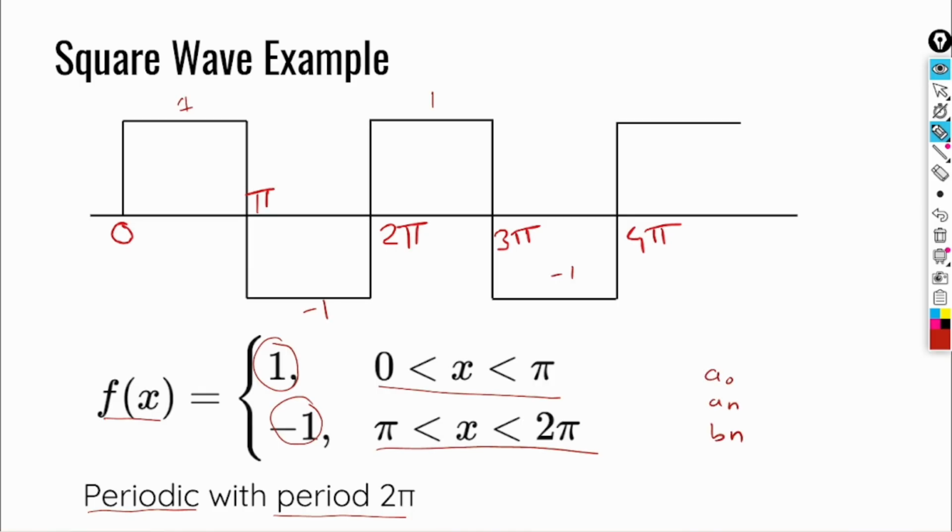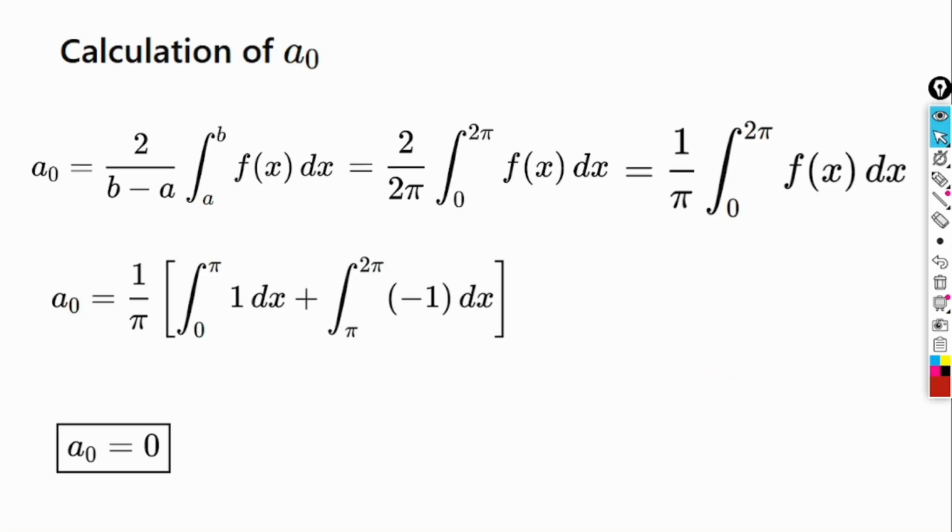So, let's see that. Now, we will see the calculation part of a naught, a_n, and b_n. Let's start with a naught. The formula of a naught is 2 upon b minus a, integration of f of x dx from a to b. Here, a is the start point of one period, b is the end point of one period.